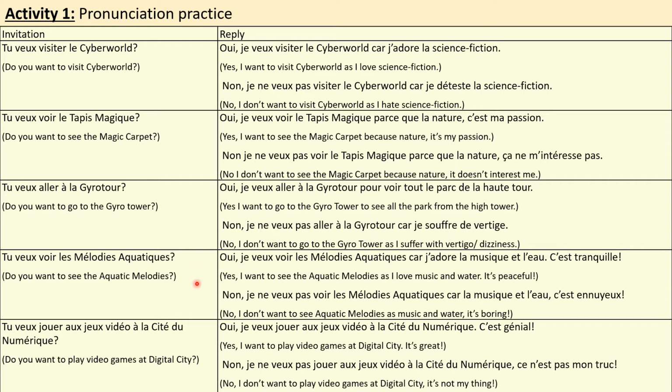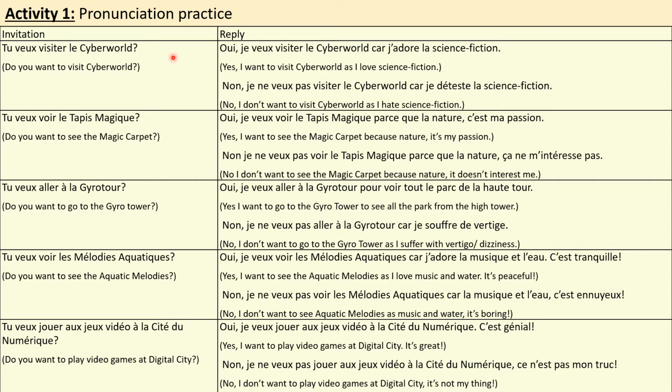So these are music and water, sound and light shows. Okay, and La Cité du Numérique is digital city. So here you get to play video games, etc. So that's a rundown of what you can do, what the different rides are.